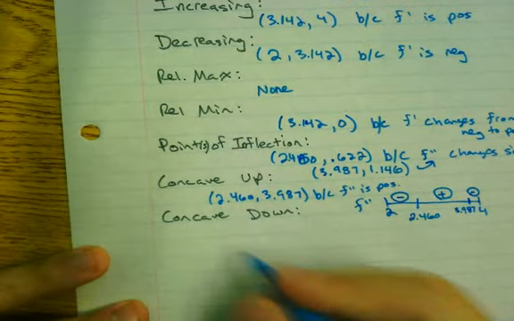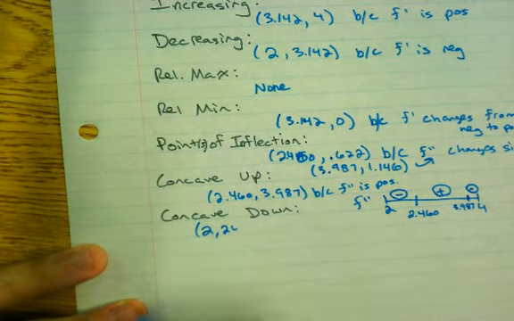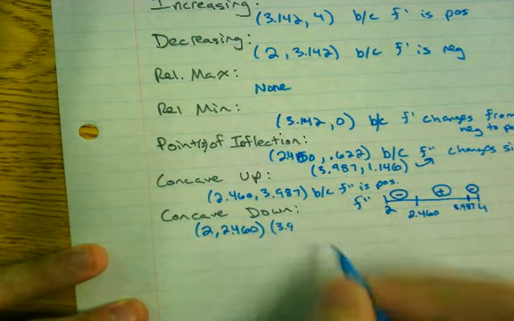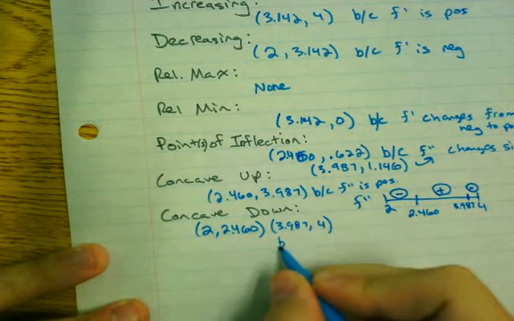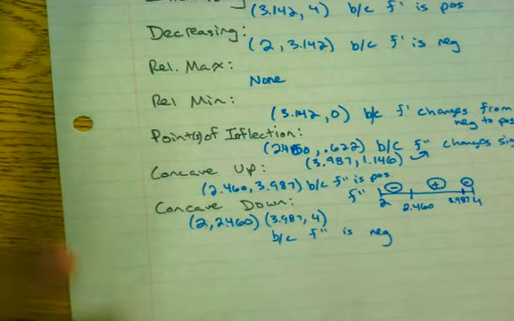When am I concave down? From 2 until 2.460 and 3.987 to 4 because f double prime is negative. Okay?